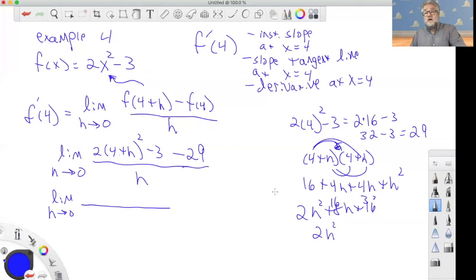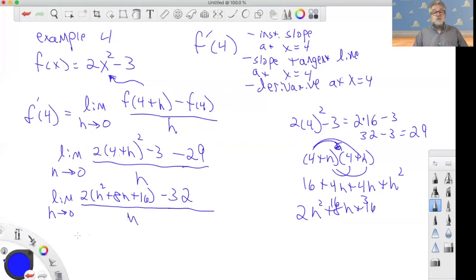So 2 times h squared plus 8h plus 16. This was what we originally multiplied out. Minus 3 minus 29, that'd be minus 32, okay, over h.